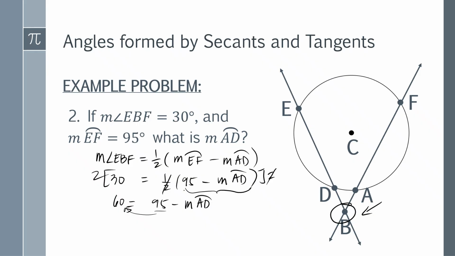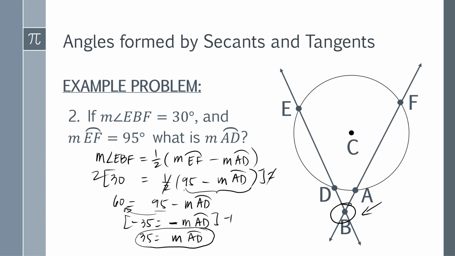So 60 minus 95, which is negative 35, is equal to negative measure of AD. Since we don't want negative here, you have to multiply this by negative 1. So therefore, 35 is equal to the measure of arc AD. So this is your final answer. Did you get it?